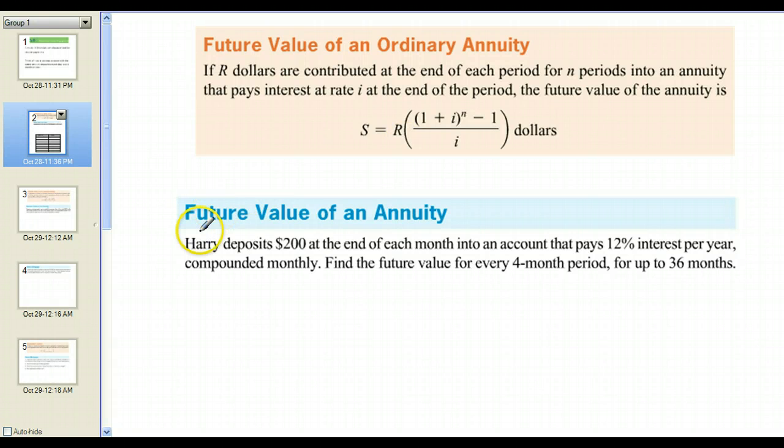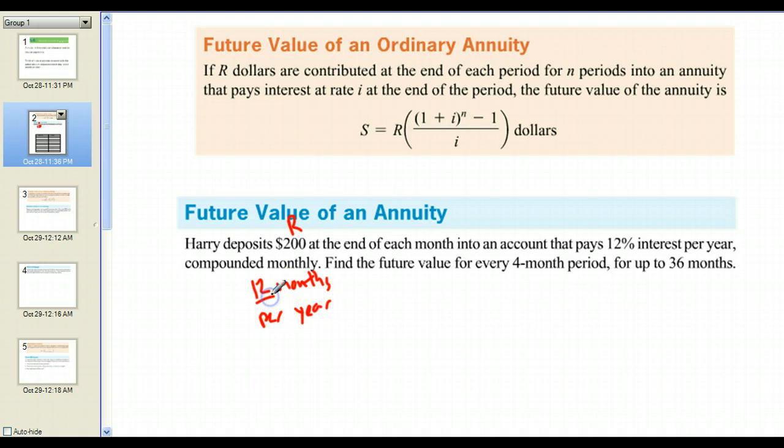So I'll walk you through an example so you know what's what in these formulas. Harry's going to deposit $200 at the end of each month. So that's what R stands for. In this formula, that 200 bucks is R. At the end of each month, into an account that pays 12% interest per year, but compounded monthly. 12 months in a year, obviously. Hopefully that's not new to everybody.